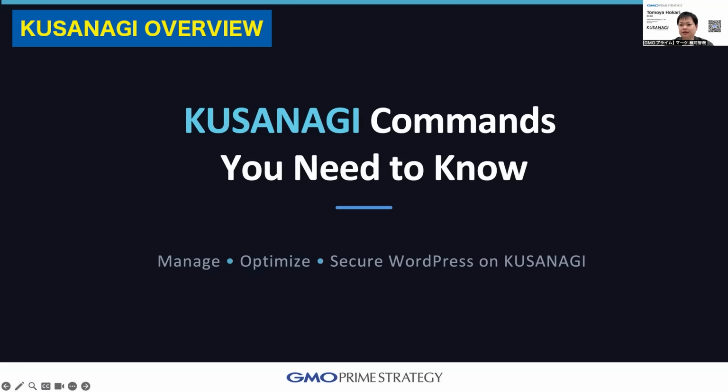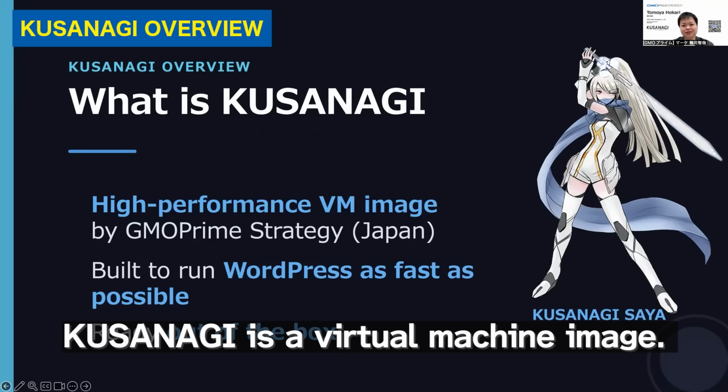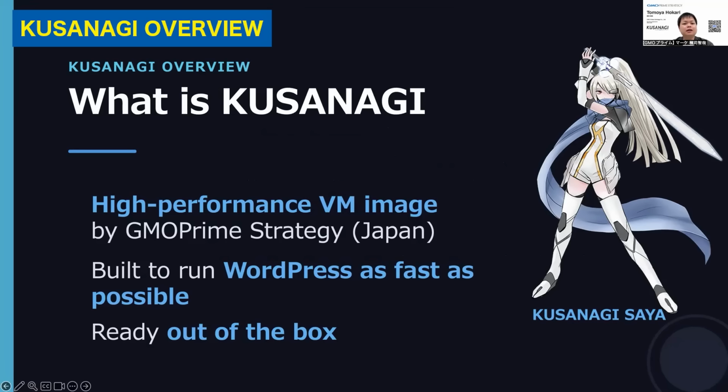Before we dive in, let me give you a quick introduction to KUSANAGI. Do you know KUSANAGI? Have you ever heard of it or not? KUSANAGI is a virtual machine image. It's basically a CMS-optimized OS developed by GMO Prime Strategy, a Japanese company specializing in web infrastructure.